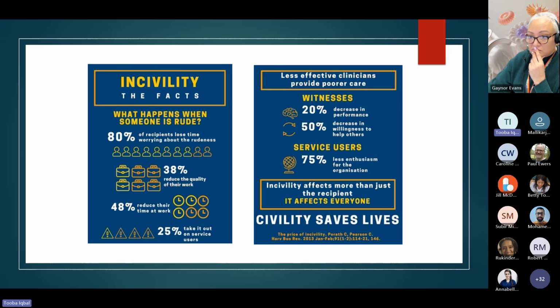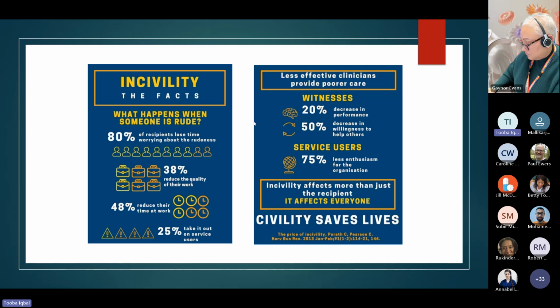And it may reflect that maybe physical health is correlated to the mental well-being, which indirectly suffers from incivil incidents. Now, 25% of the recipients of incivility take it out on the service users, which in our case would be the patients and their relatives.